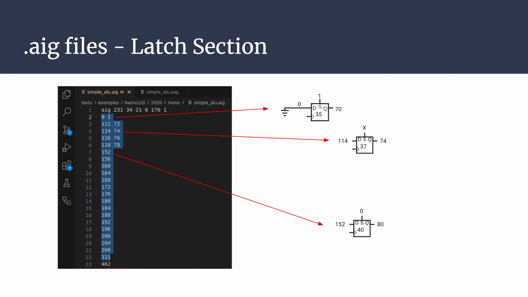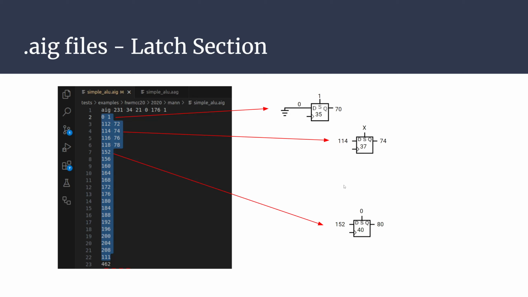And so the second line right here would just mean, in a very similar manner, 114. This is basically the input of the latch. It's initialized to nothing, so it could be either 0 or 1. And the output wire is 74, which is coincidentally what's written here, but it's because this 74 right here signifies that there's an X right here, if that makes sense.